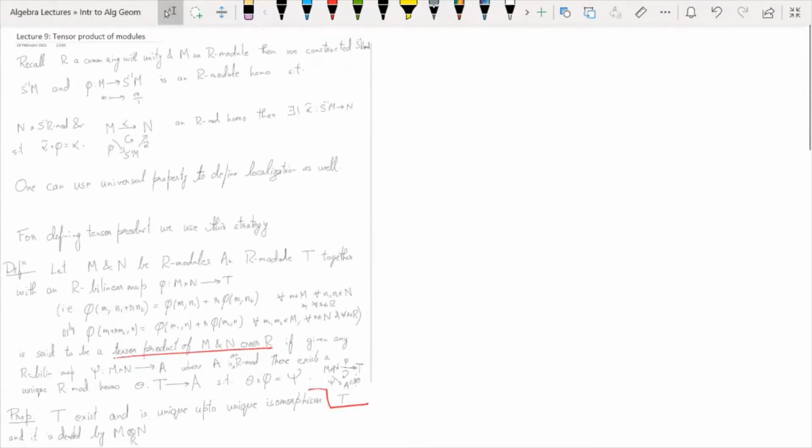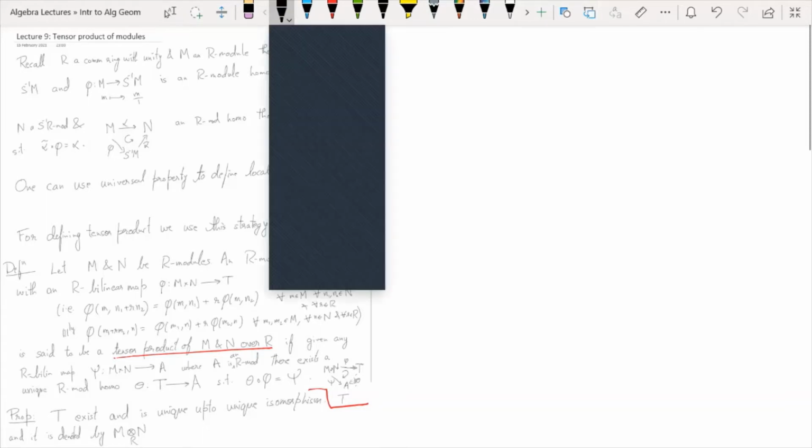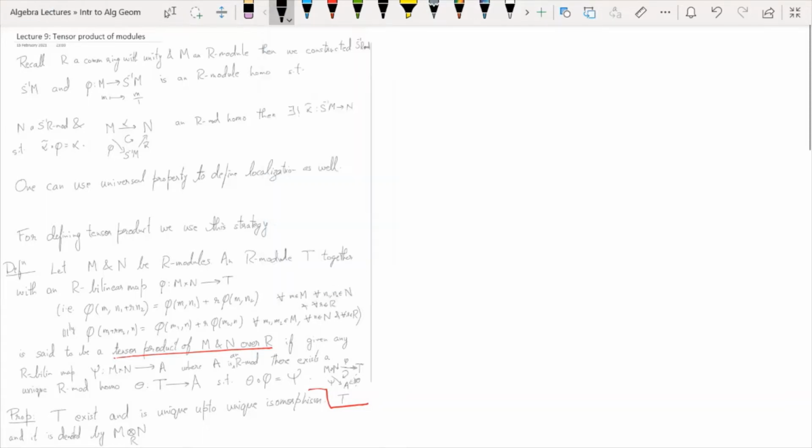Uniqueness is just saying that if two modules have this universal property, then the two modules must be isomorphic in a unique, canonical way. So let's go through uniqueness first. Uniqueness is some sort of general nonsense, using just this universal property.